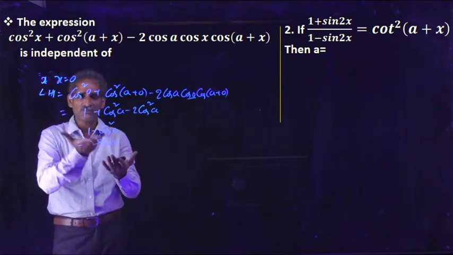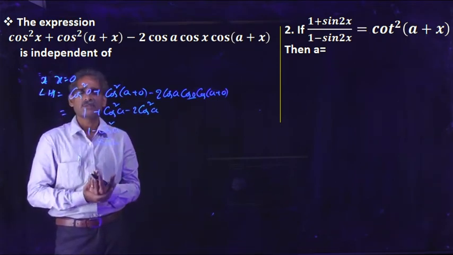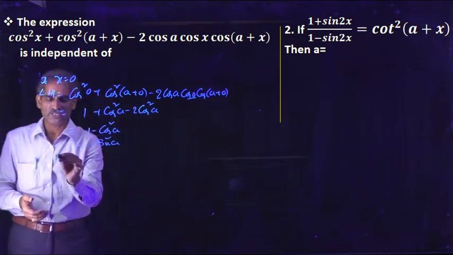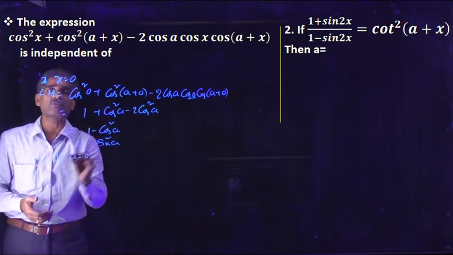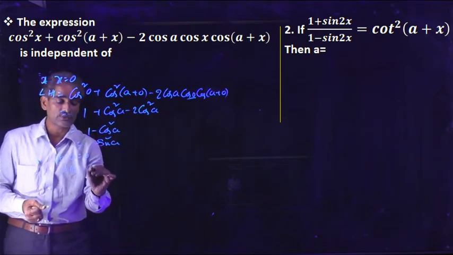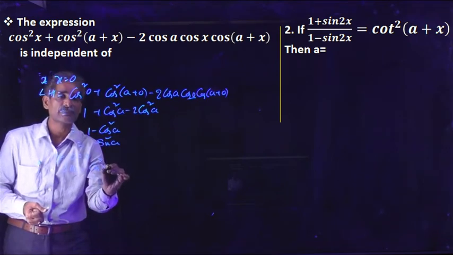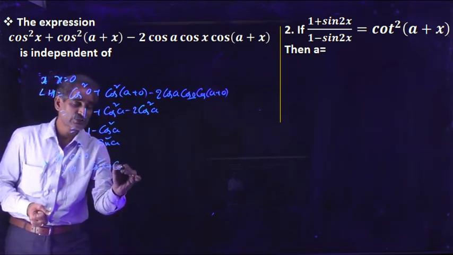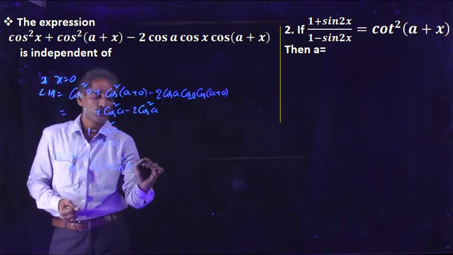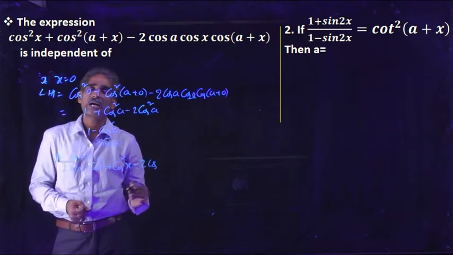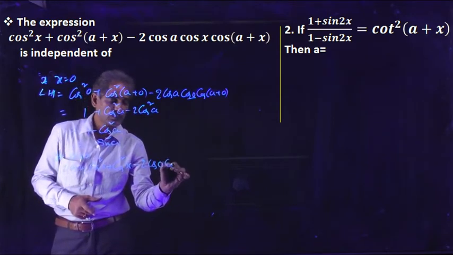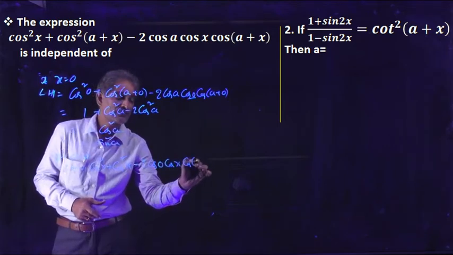So with the help of this we can't say which is the dependent one or the independent one. Suppose you take a equal to 0, what will happen? Now LHS becomes cos square x plus cos square (0 plus x), cos square x, minus 2 into cos a, that is cos 0, into cos x into cos of (0 plus x).